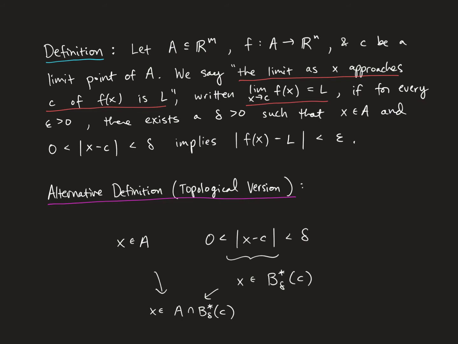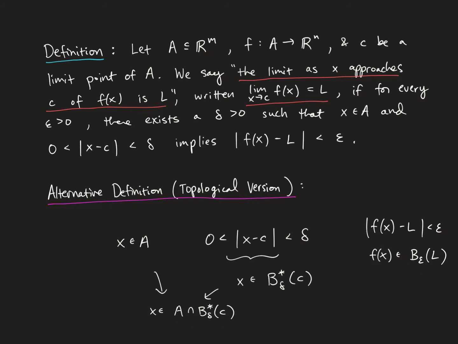And then |f(x) minus L| less than epsilon just says that f(x) is in the ball of radius epsilon around L. In other words, if you take an x in here, then f(x) ends up in here.